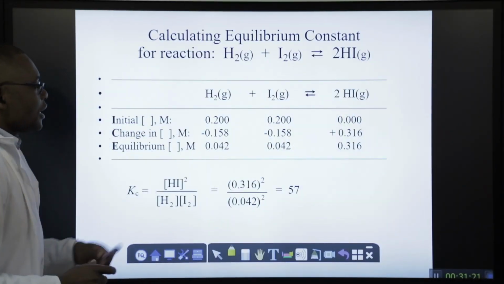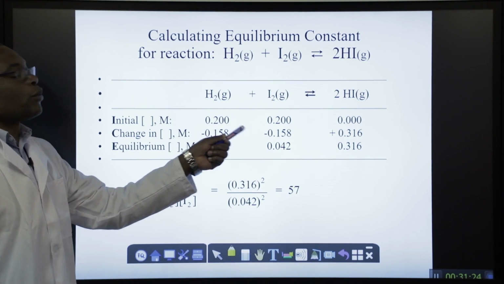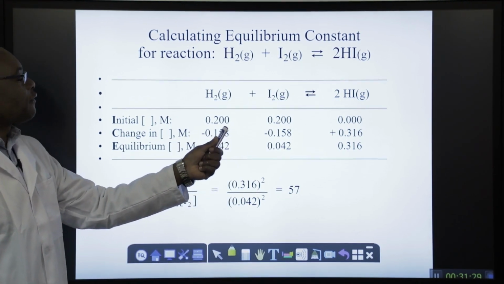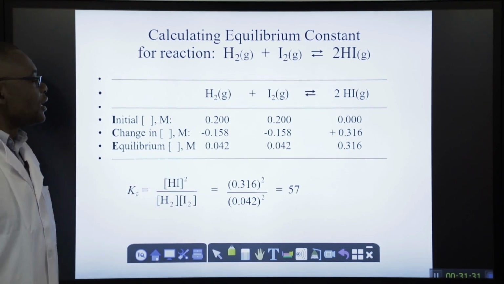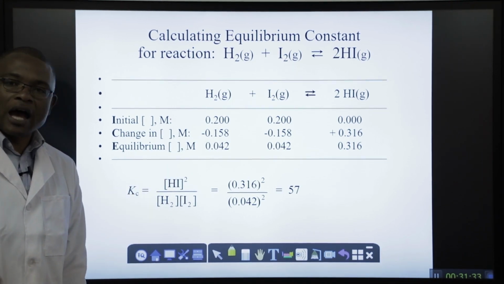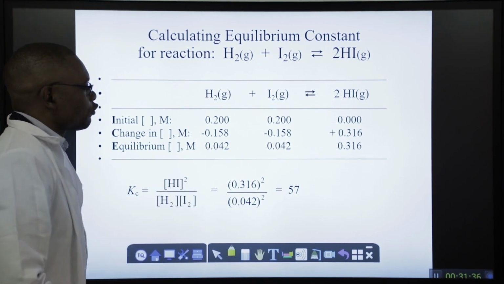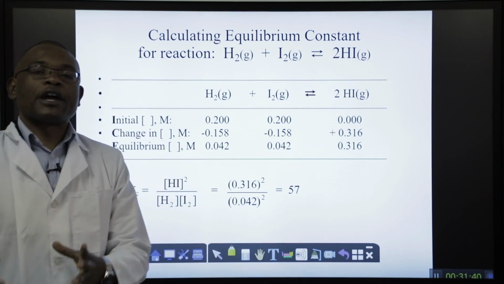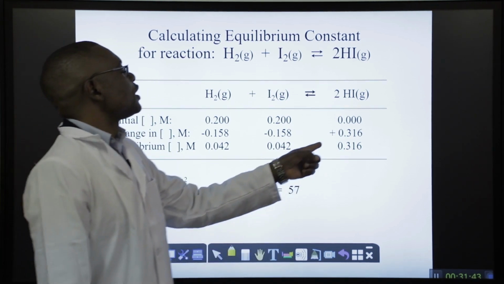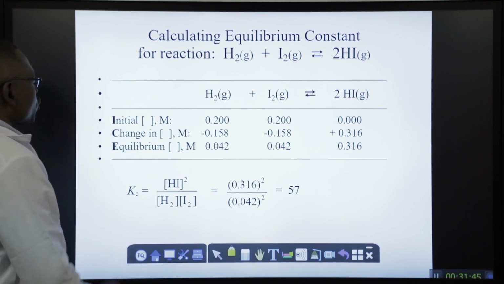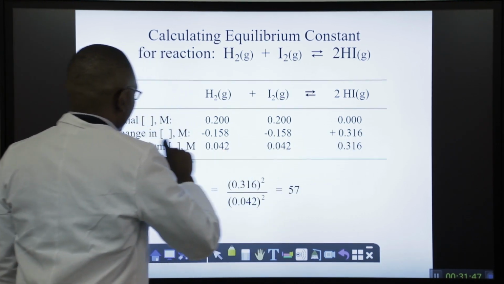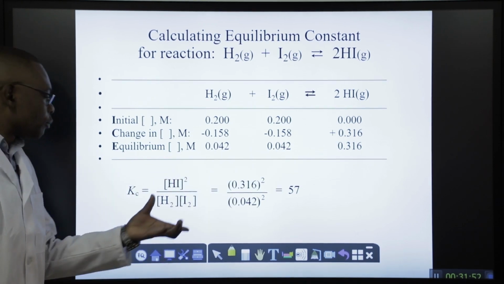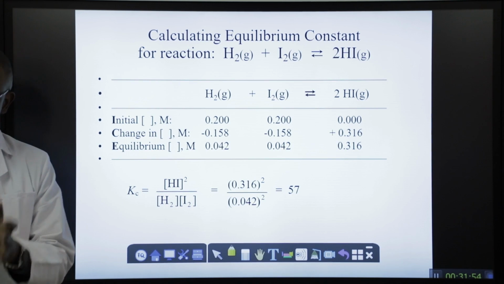So if the initial concentration is 0.2 and it's changing by minus 0.158, how much of the reactants are remaining unreacted? This gives you 0.042 and this is 0.042, and the total amount of hydrogen iodide product formed is 0.316. This is now the equilibrium concentration, and it is these equilibrium concentrations which you take to your equilibrium expression.